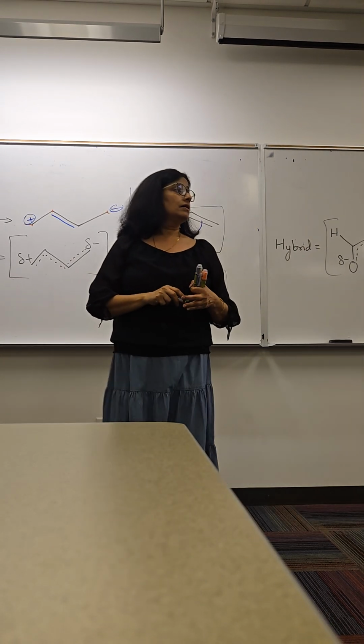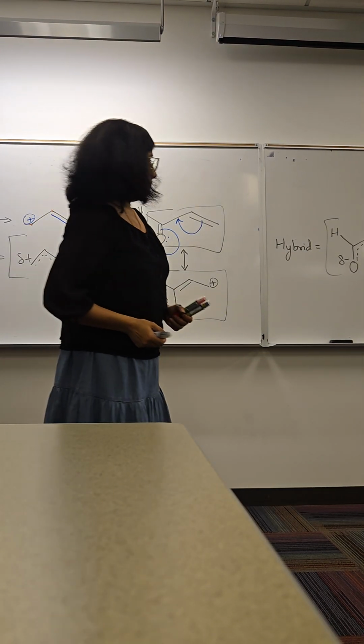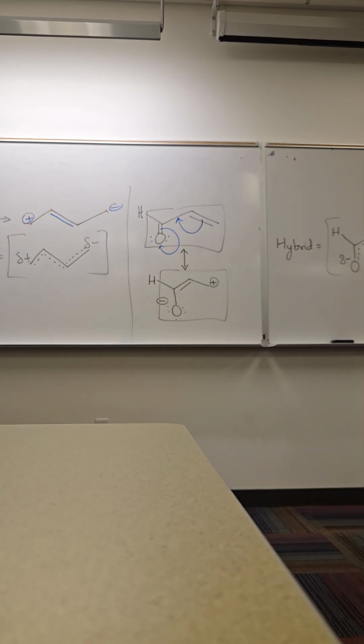Yes. How would lone pairs look, if we were to draw lone pairs on oxygen in the hybrid model? Once again, I'm not a good drawer, so I'll try my best. The sigma skeleton does not change. Now every atom is sp2 hybridized, right?